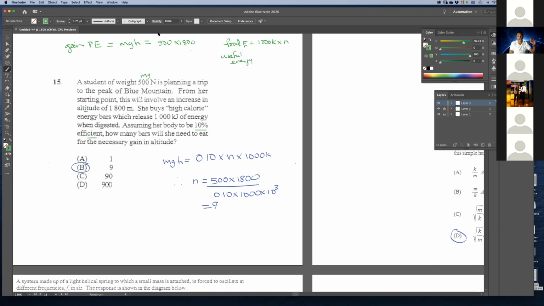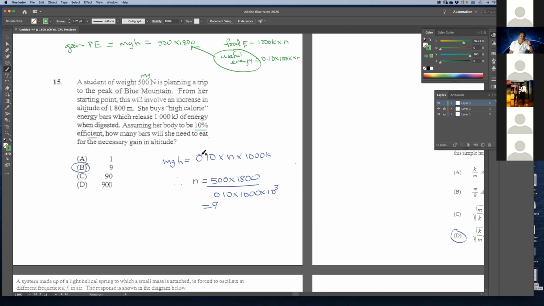But useful energy, the energy she can use to do this, is only 10%. 10% written mathematically is 0.10 by 100,000 by n. So this is the useful energy. This is the energy that she can use to climb the mountain, not all of it.